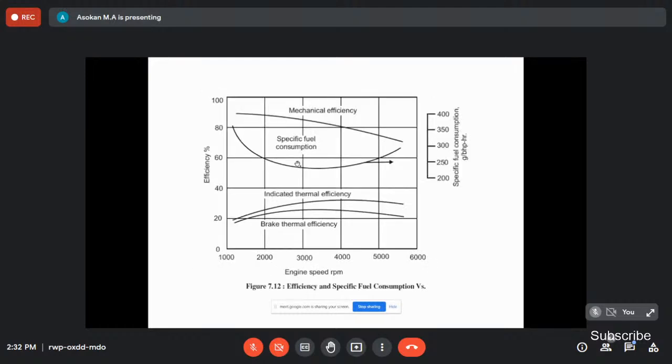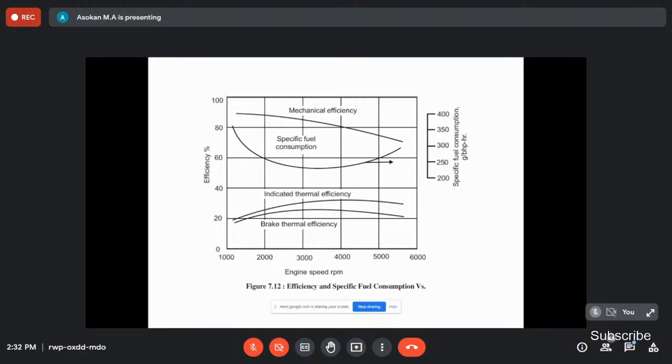And see, this is the typical efficiency curves. The mechanical efficiency is the maximum. See the brake thermal efficiency, then the indicated thermal efficiency, and the specific fuel consumption. In the specific fuel consumption curve, initially it is higher, then in the middle it is lower, because when the engine is running at cruising speed, it consumes a very small quantity of fuel.